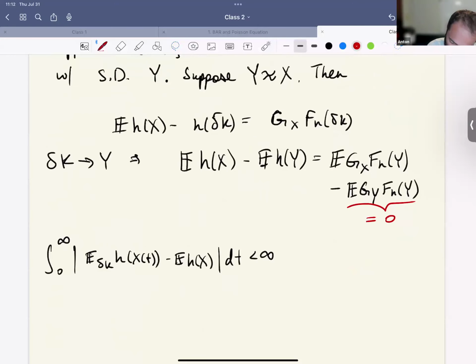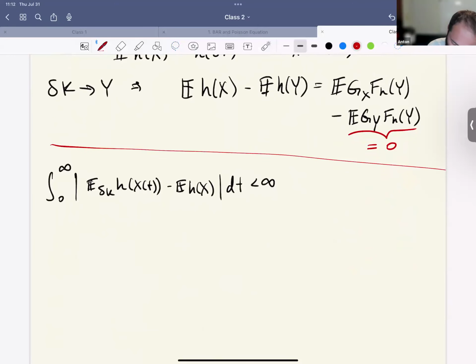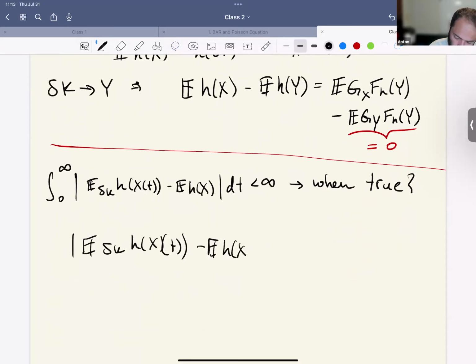When is this true? I think the most important guidance is: suppose we can show that this thing is decaying sub-exponentially.